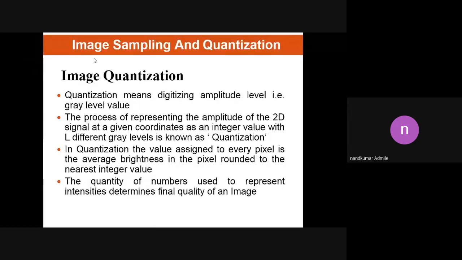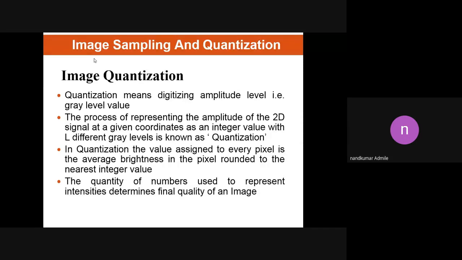And next is quantization. Now, by using sampling, we can represent the pixels by using various values. Now, we have to convert these various intervals or these various values into particular integers, into digits, right? So we have to convert these analog values into some integers.